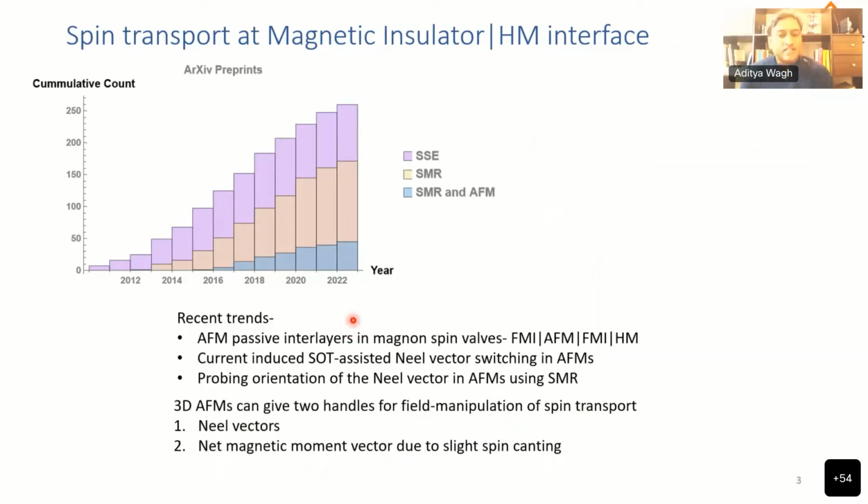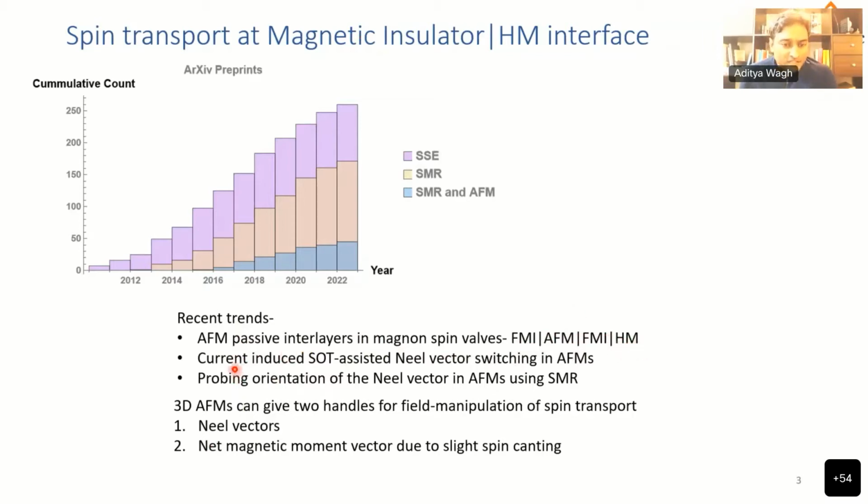Okay, let me talk about some recent trends in these antiferromagnetic heavy metal devices. One of the things we can observe is that antiferromagnetic passive layers have recently been used in magnon spin valves. The spin valves have structures like this: you have a ferromagnetic insulator, then an antiferromagnetic insulator, then a ferromagnetic insulator again, sandwiched, and you have a heavy metal on the top.